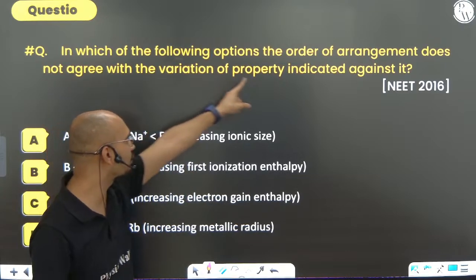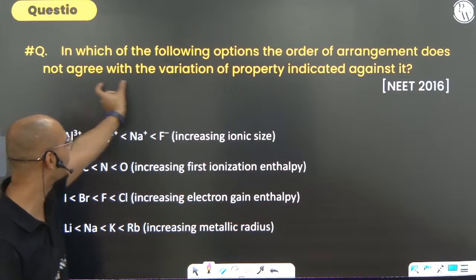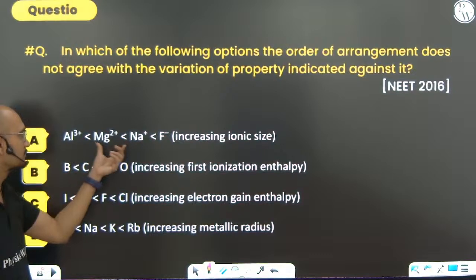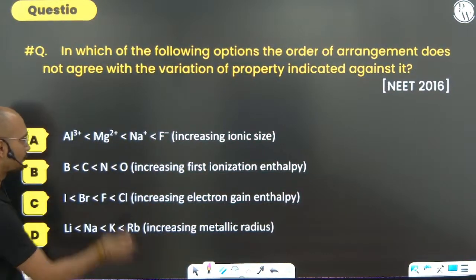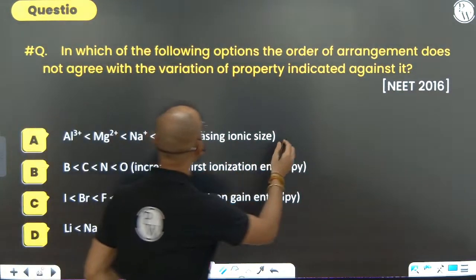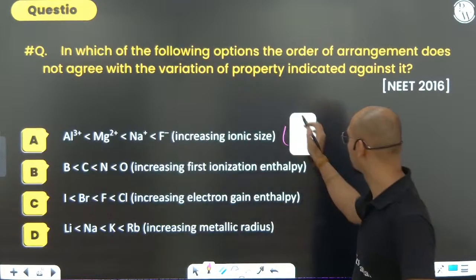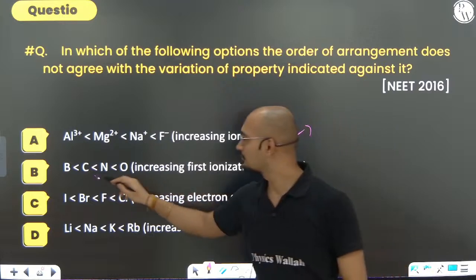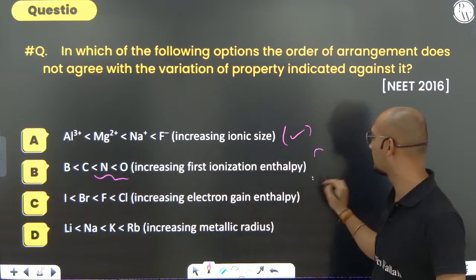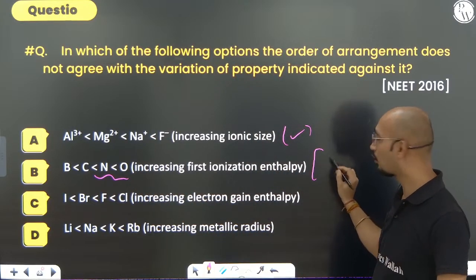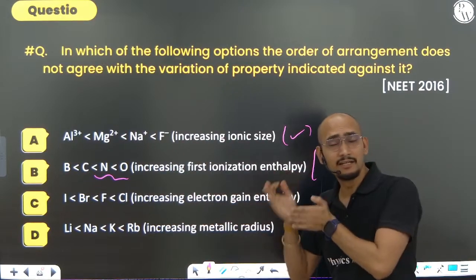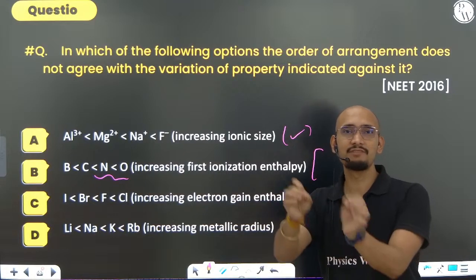In which of the following options does the order of arrangement not agree with the variation of property indicated against it? Aluminium, increasing ionic size, of course it is correct. It is asking for not agree, but this is true. Here, increasing first ionization enthalpy, nitrogen and oxygen. Always remember that for ionization enthalpy, the beryllium family and nitrogen family interchange with their next elements.